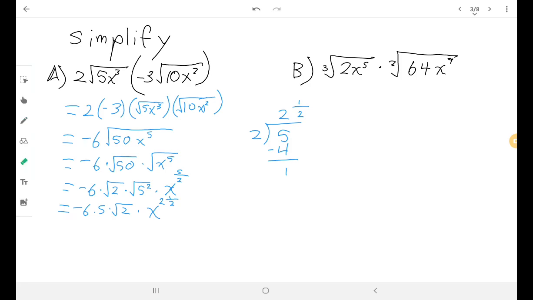Now, how does that help me? Well, it helps me because what 2.5 means is 2 plus 1/2.